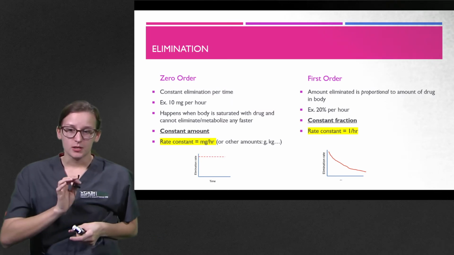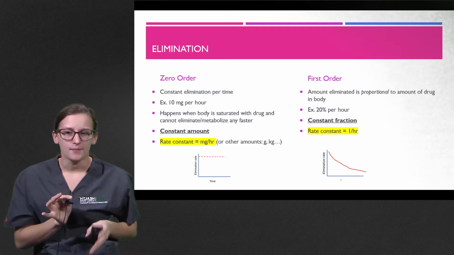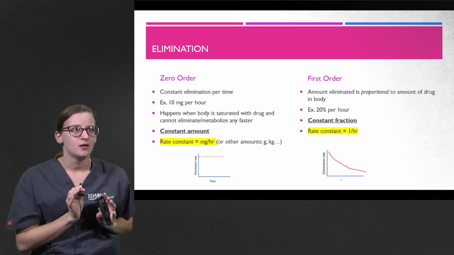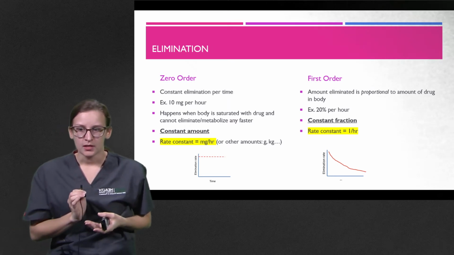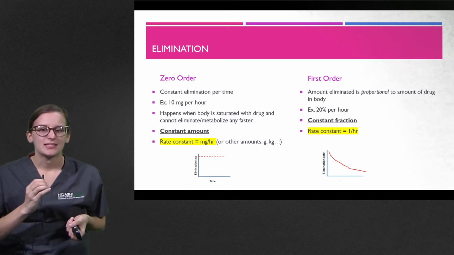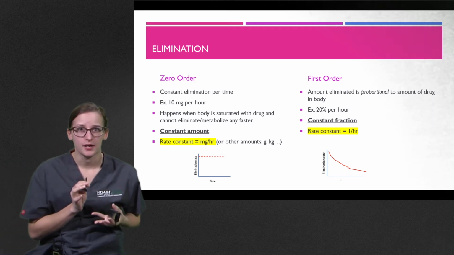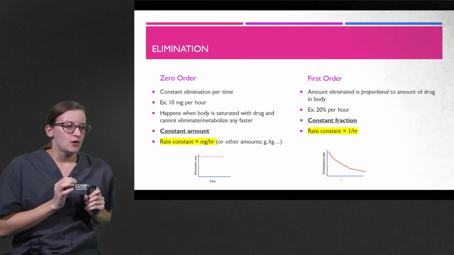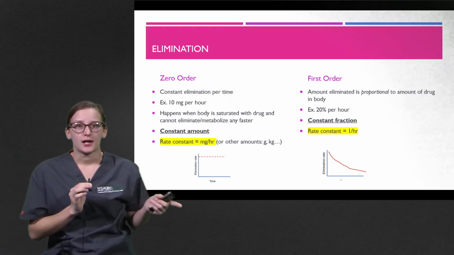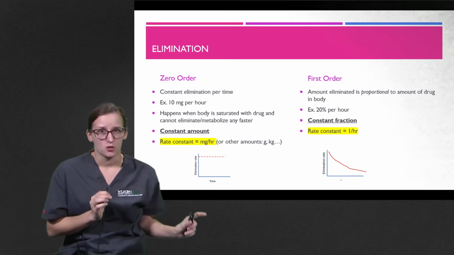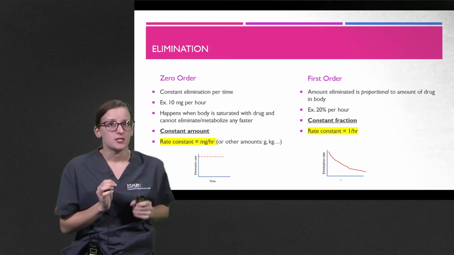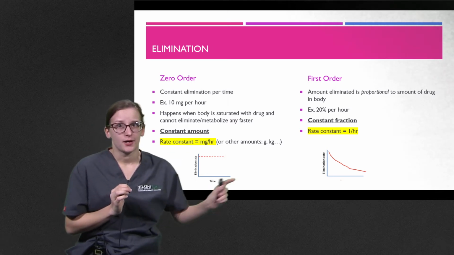All right, so in terms of elimination, I just have here how to understand the rates of elimination. If it's zero order, that means that a constant amount of drug is being removed per time. So it doesn't matter how much drug is in your body. Let's say the rate is 10 milligrams per hour. So every hour you're going to lose 10 milligrams, no matter if you have 100 milligrams in your body or 50 milligrams, it's always going to be 10 per hour.